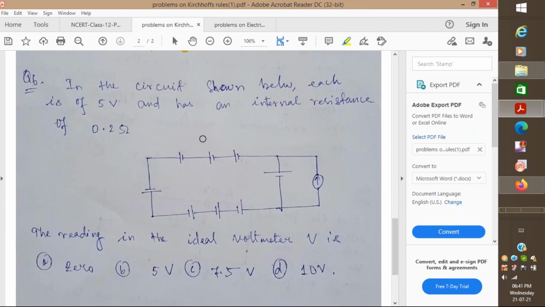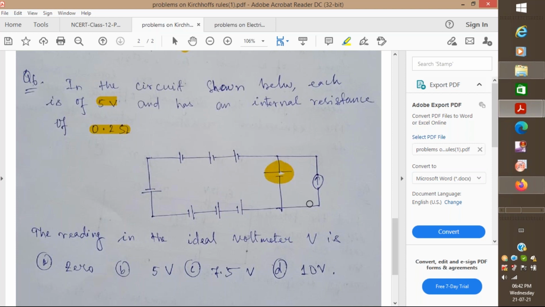Look at this sixth problem. This problem is saying that in the circuit shown below, each of these cells has EMF 5 volt and internal resistance 0.2 ohm.